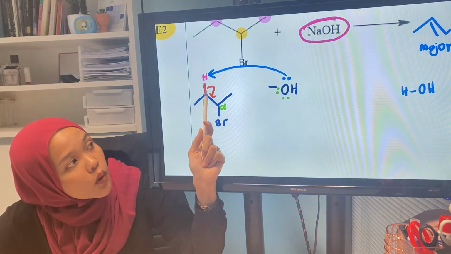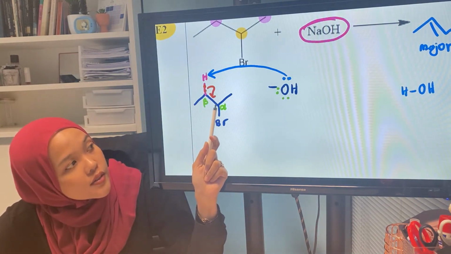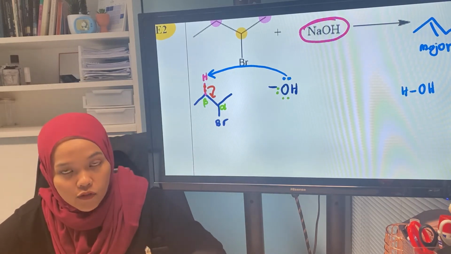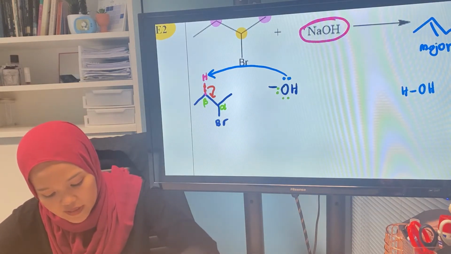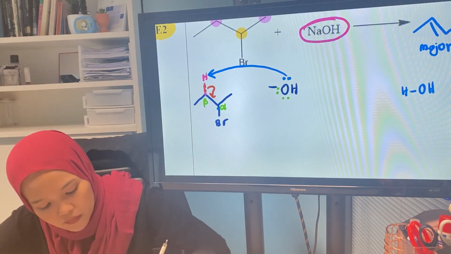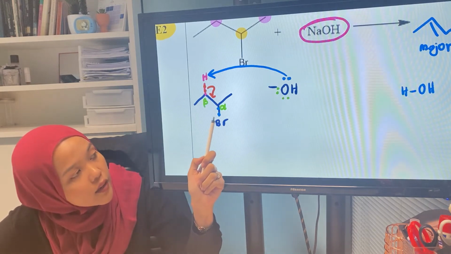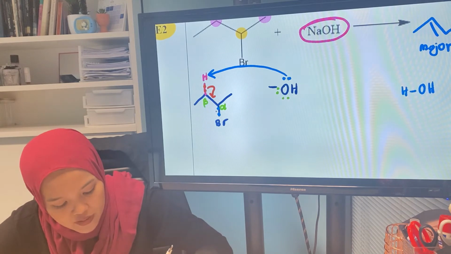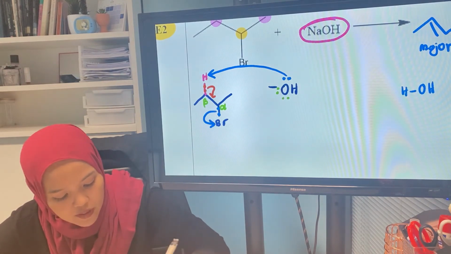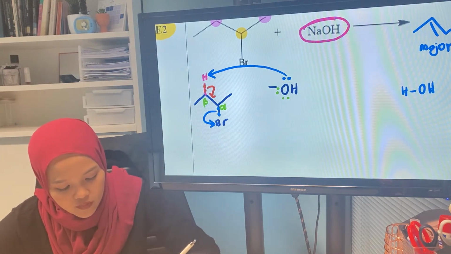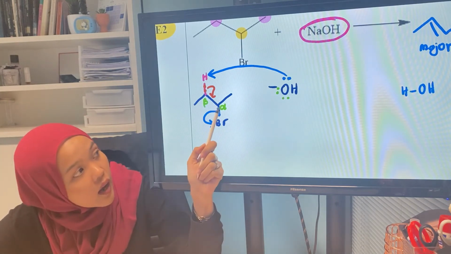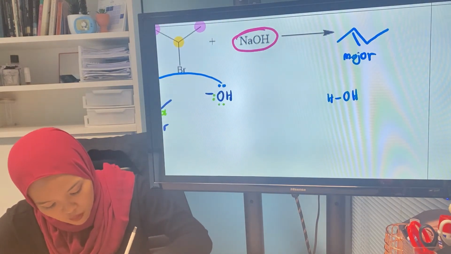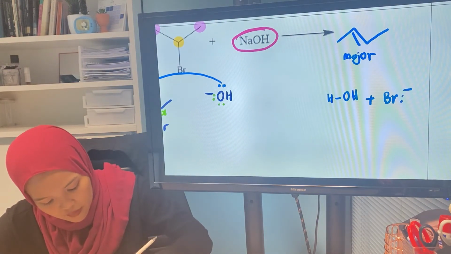Now, if it wants to form the pi bond, you see the alpha carbon here can only have a maximum of 4 bonds. Therefore, something must leave. So the bond between the alpha carbon and the bromine here is going to be broken by transferring the electrons to the Br. So you see the Br and the alpha here, they are being broken, so you are going to form Br minus.